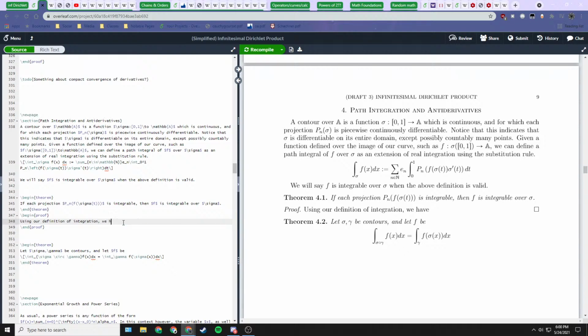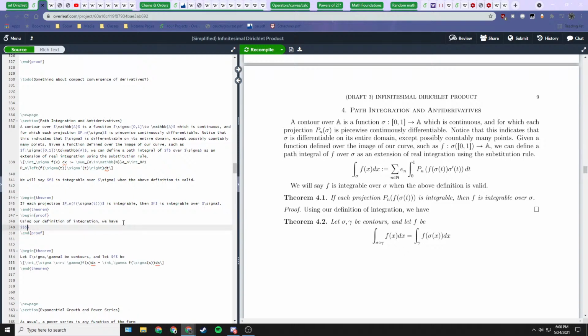So the integral from 0 to 1 of p sub n f of sigma of t times sigma prime of t dt, on the outside of the projection. Where did the other parenthesis go? Oh, it's over there.